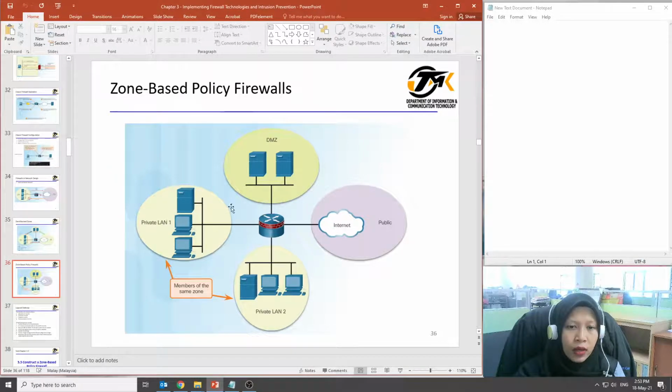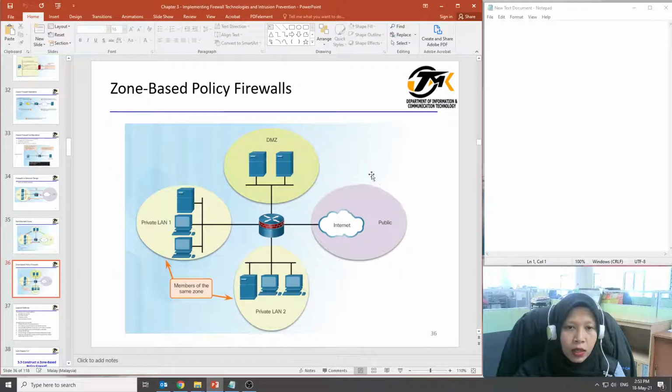This is private LAN 1, this is private LAN 2. Physically they are two different LANs, but this is the same zone. Why? Because this is a private LAN for that particular organization.